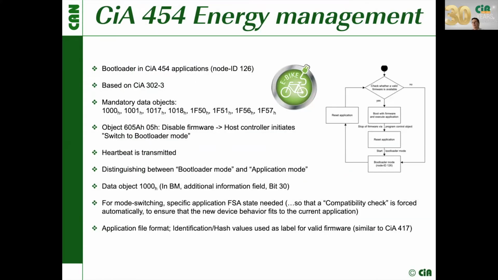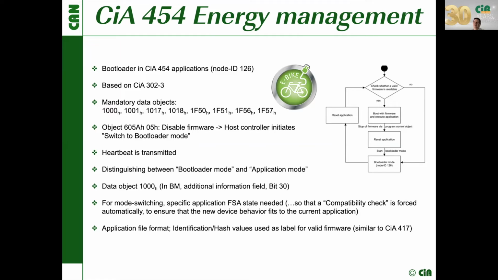The application profile for energy management, the CiA 454, was specified when CiA 417 was already existing. Therefore, this was taken as a kind of template, and it was said, okay, what can we reuse from the lift guidelines? And it was a lot.